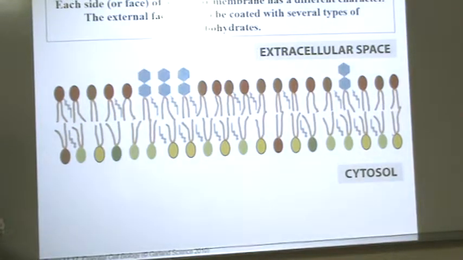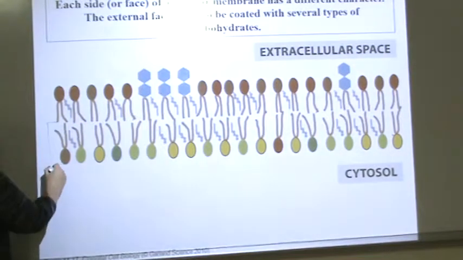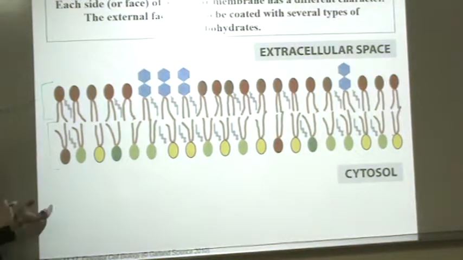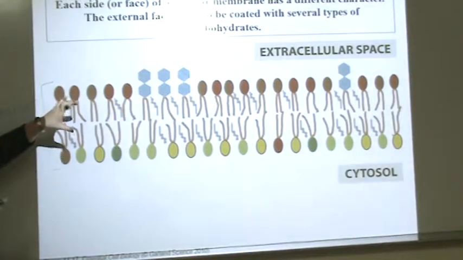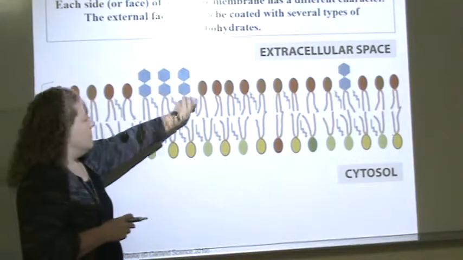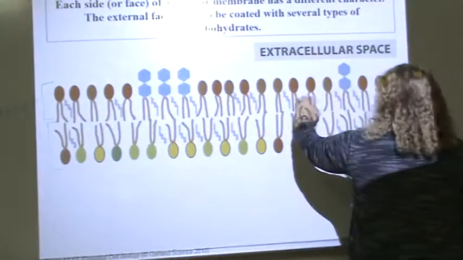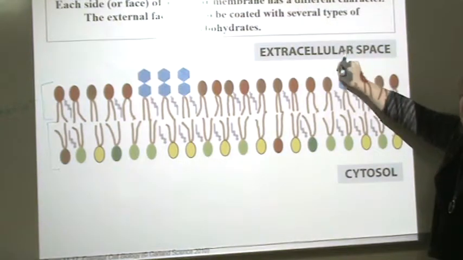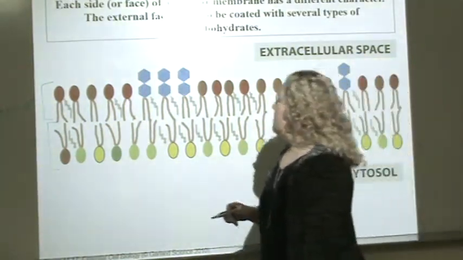So yes, it's a lipid bilayer, but each half of it specifically is called a leaflet. The leaflet is the half that contains those phospholipids and those cholesterol molecules and whatever is stuck on the phospholipids.